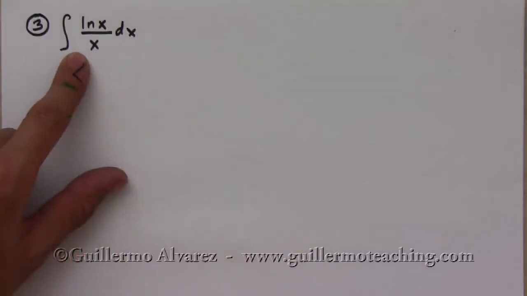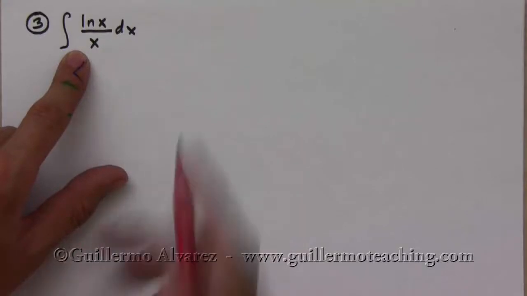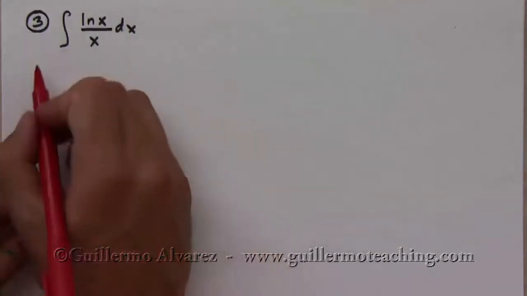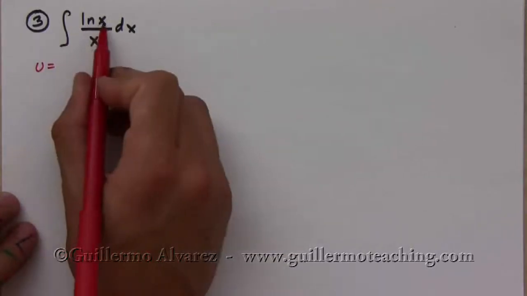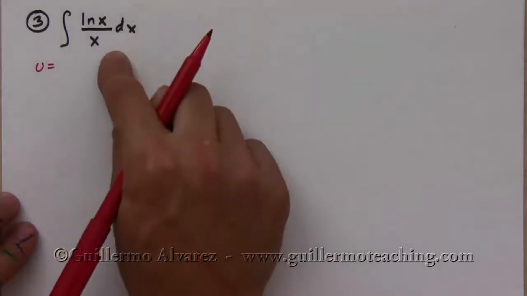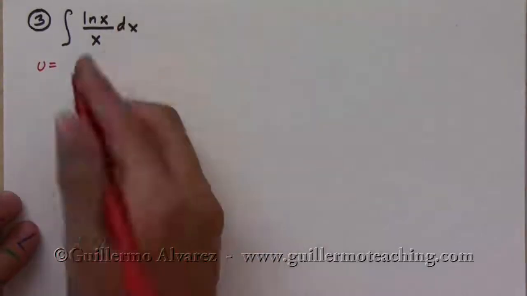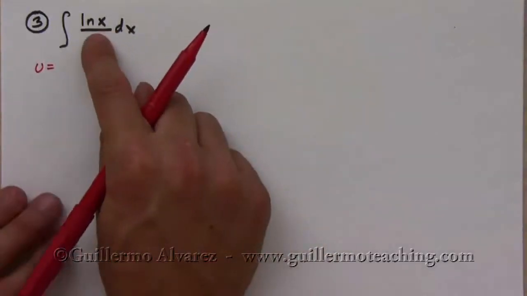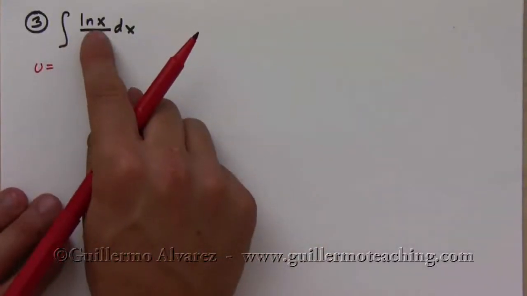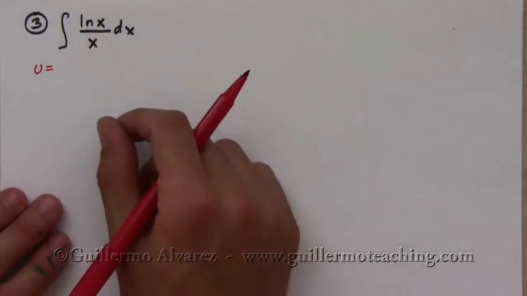So notice that, well, don't we know that the derivative of natural log of x is 1 over x? So that seems like a perfect candidate because also remember, we don't know how to find the integral of natural log of x. We haven't seen it at all.